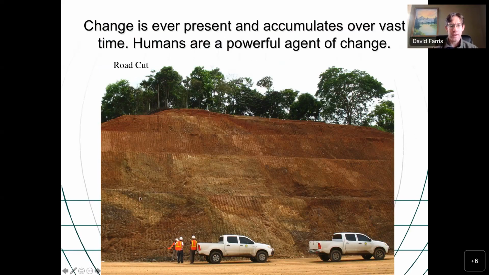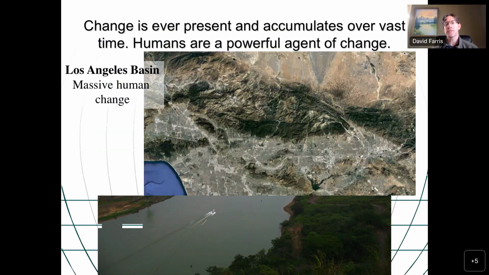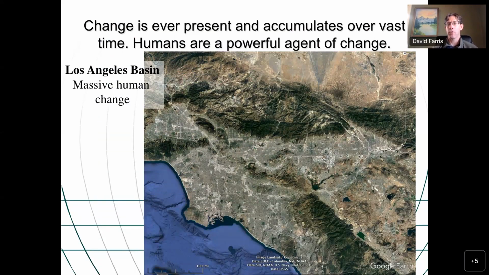This is a big road cut being cut through a jungle. We've got the Panama Canal. That's a human-induced, basically, river that goes between the Caribbean and the Pacific. Humans build huge cities that can spread over hundreds of kilometers, or 100 kilometers across, that are visible from space.